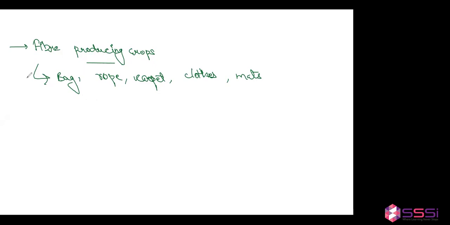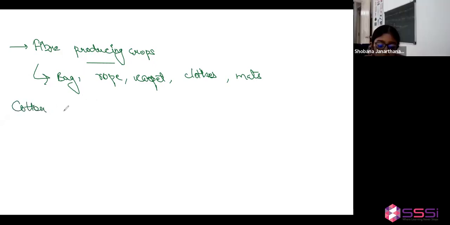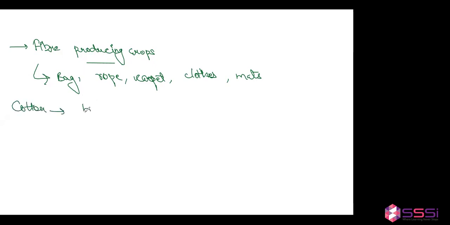Cotton grows best in black soil. Cotton is grown in black soil in Madhya Pradesh. Do you know who is the largest producer of cotton?